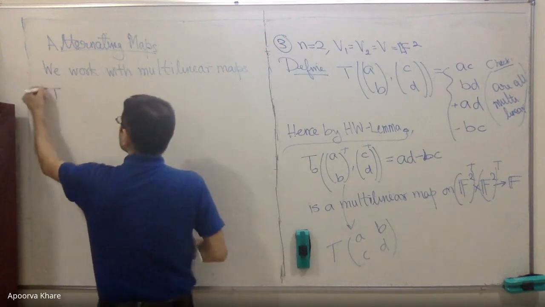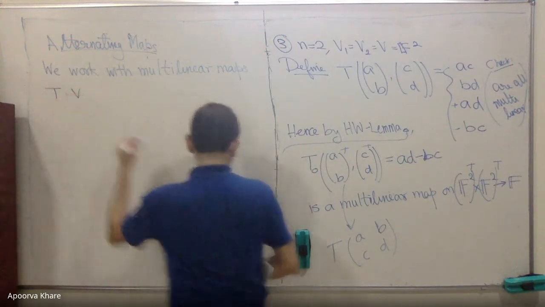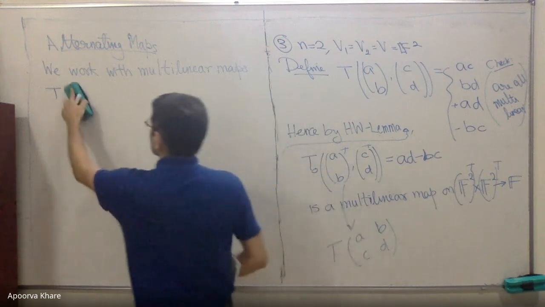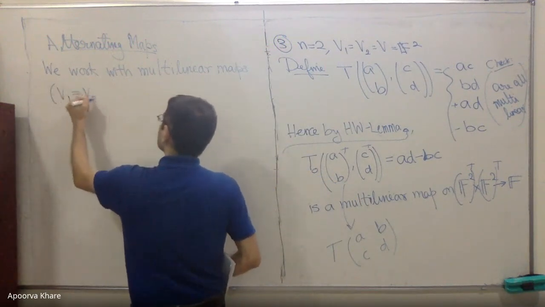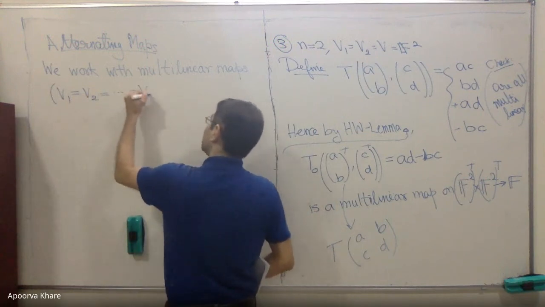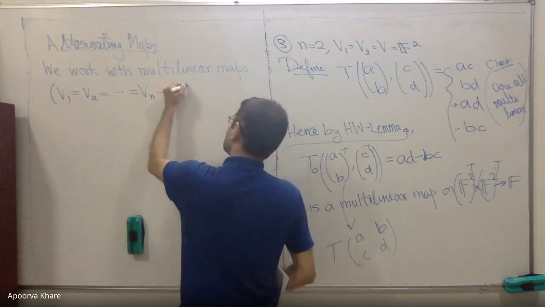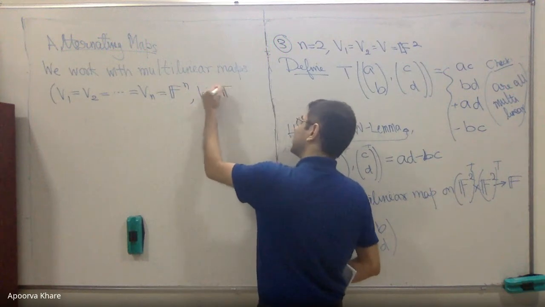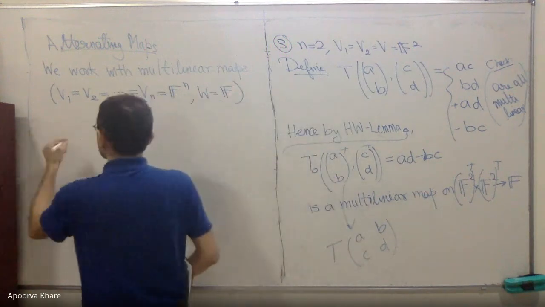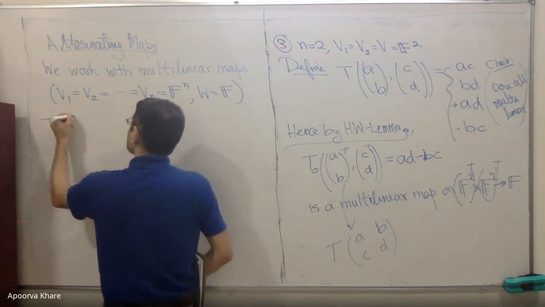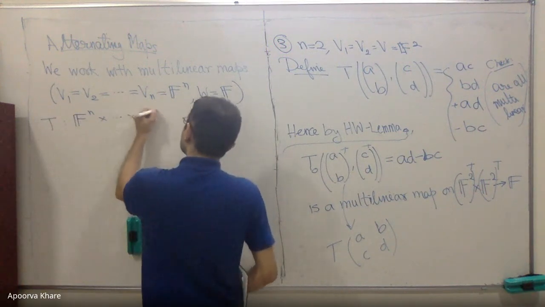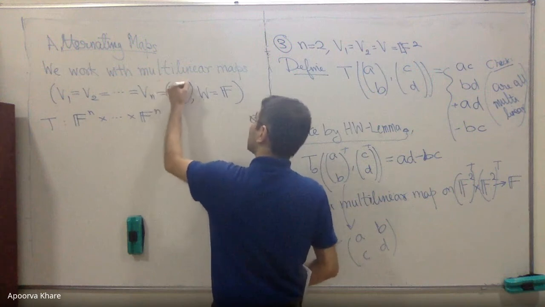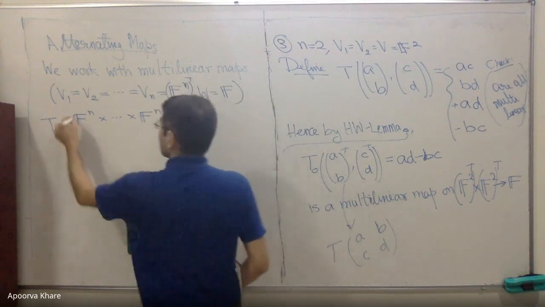We work with multilinear maps. Let's see, so T from V. So in fact, here V1 equals V2 equals Vn equals F to the n, and W equals F. So we really just work with scalar valued multilinear maps. T from F to the n cross F to the n cross F to the n. So strictly speaking, in fact, it's F to the n transpose, right?